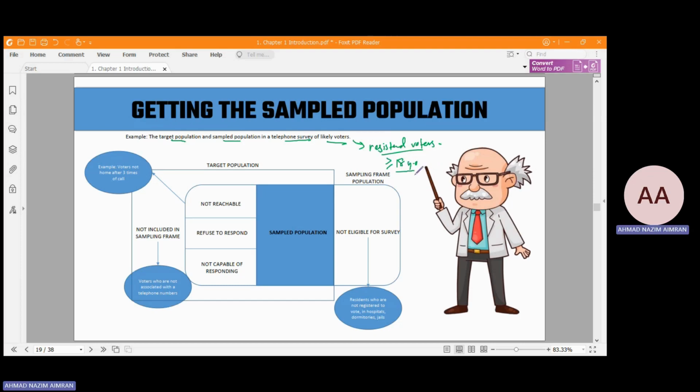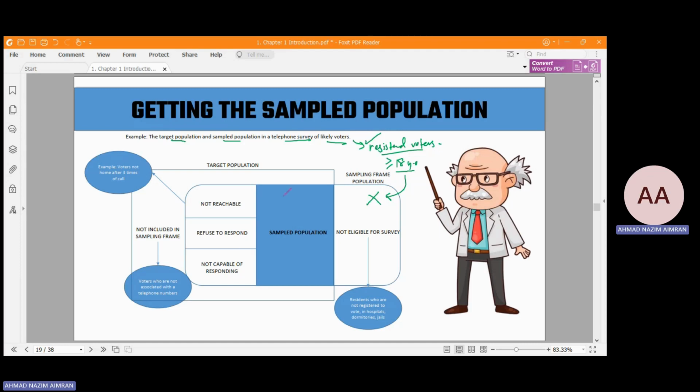But if any of them do not register, then automatically they are not eligible for our survey. Why? Because our survey is focusing on registered voters only.